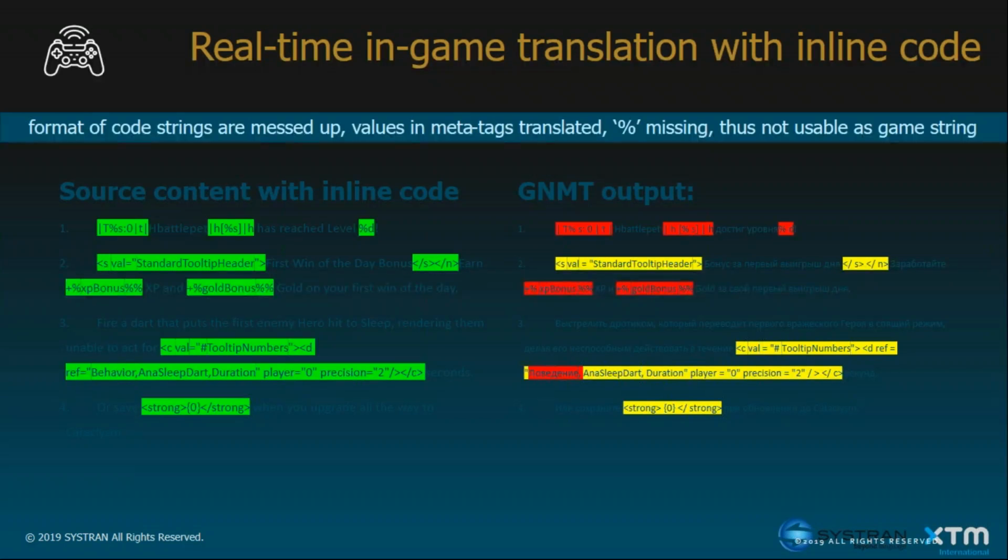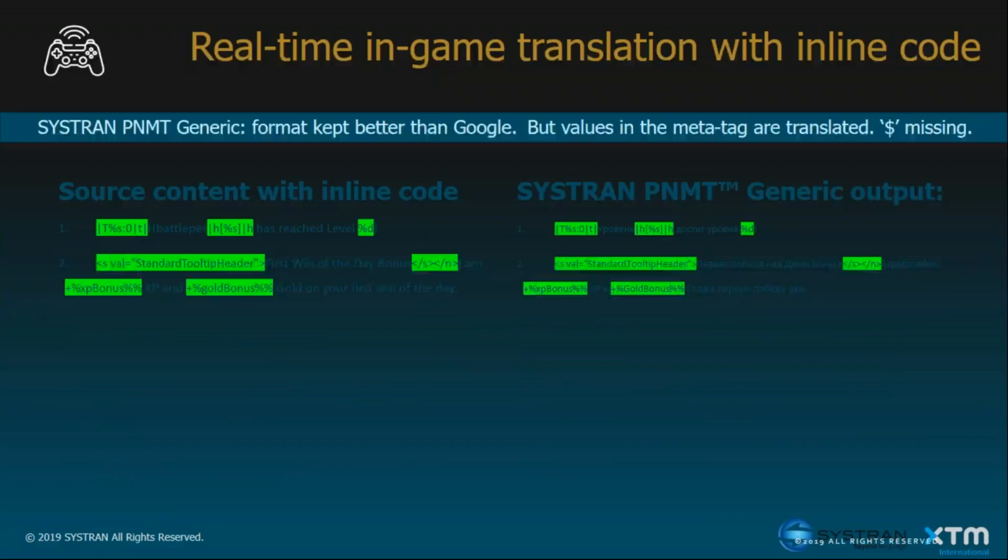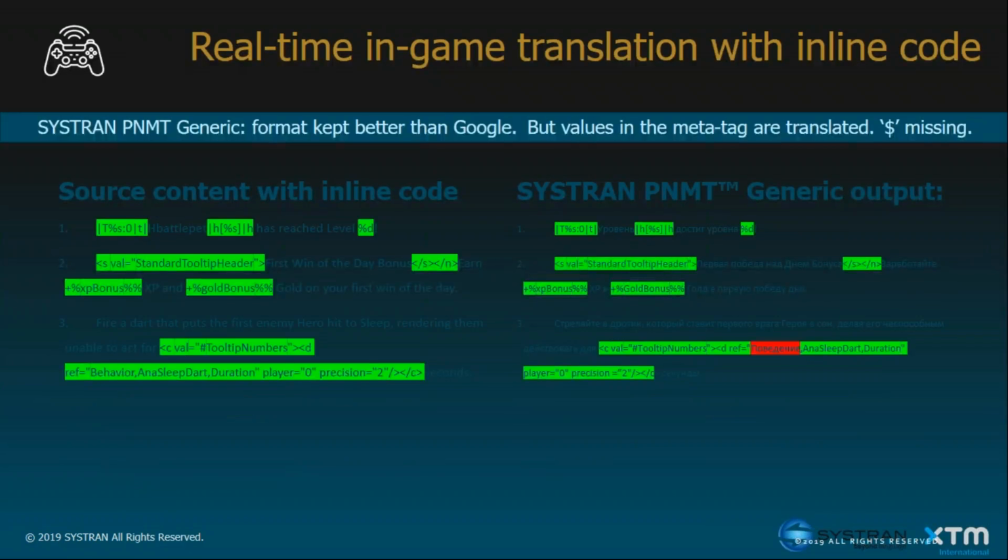Let's go to the next slide and see what our generic engine does. So with this generic SYSTRAN engine that's already trained on a lot of material, but not specific to a specific game engine, there's already much better handling of these tags, but there may still be the occasional mishap.